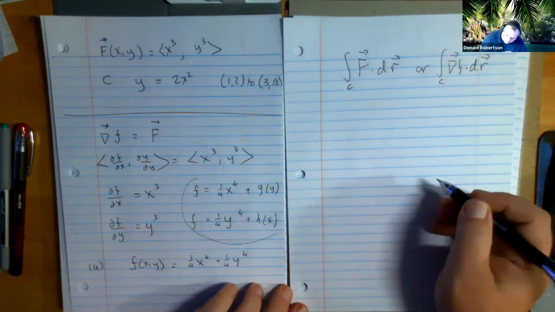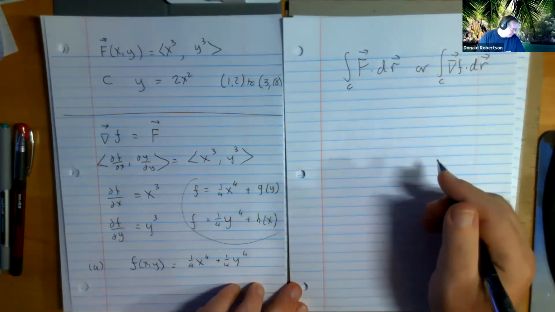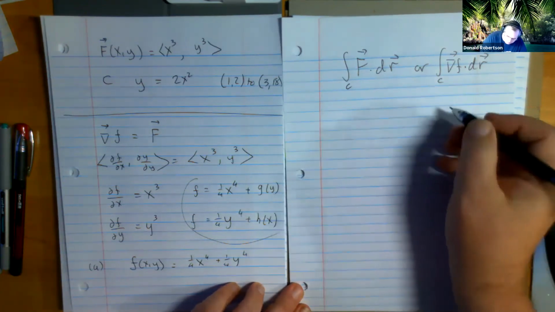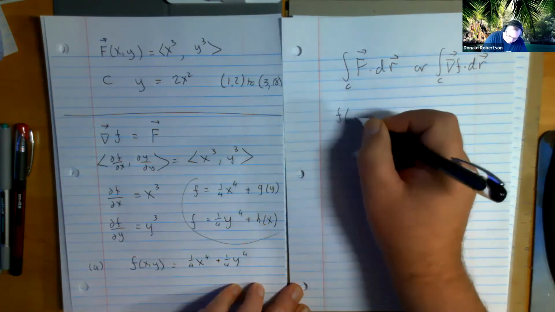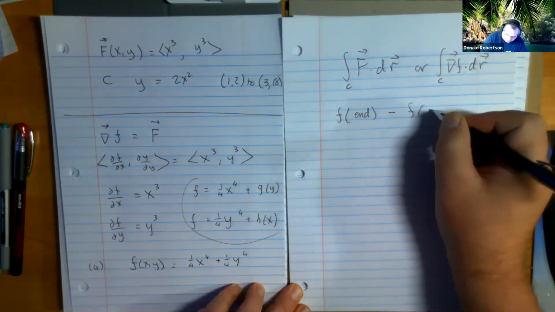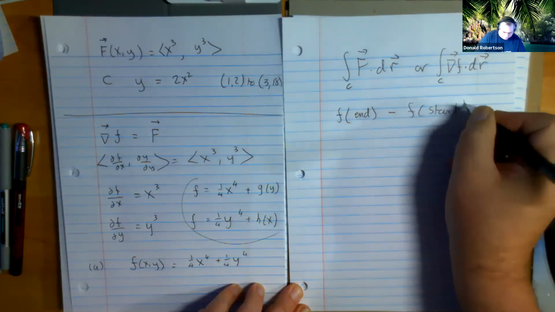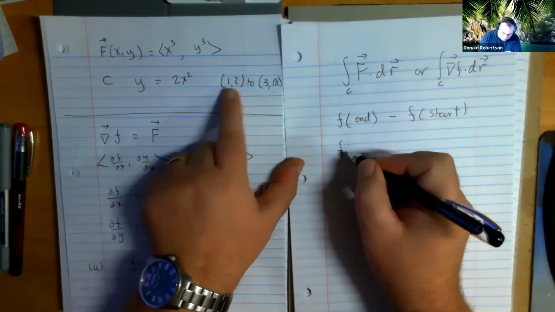So what have we got here? Well, it's the potential function, I'll just call it at the end, take away the potential function at the start. In this question, the start and end are here.